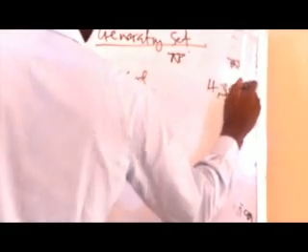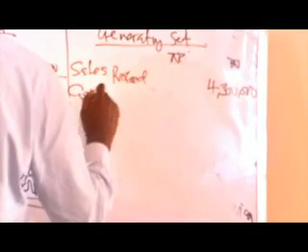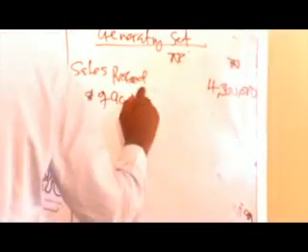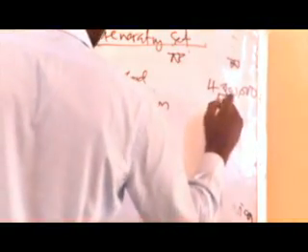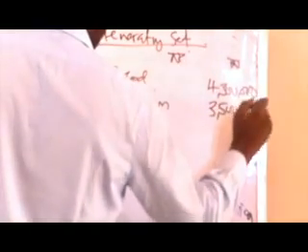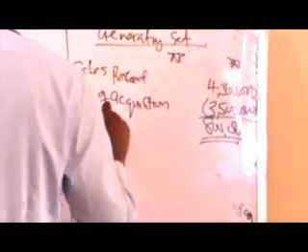Then cost of acquisition is 3.5 million. The difference is 800,000. 800,000 is the capital gain. Okay. So this is A part of the question, A said computation of capital gain.